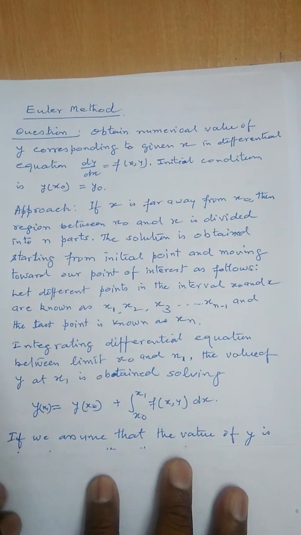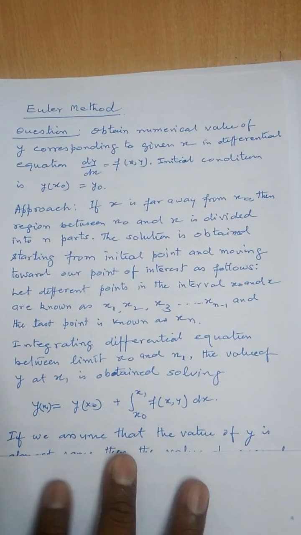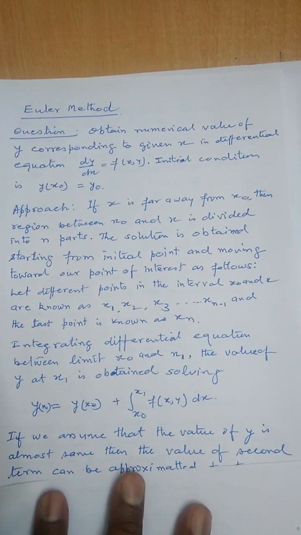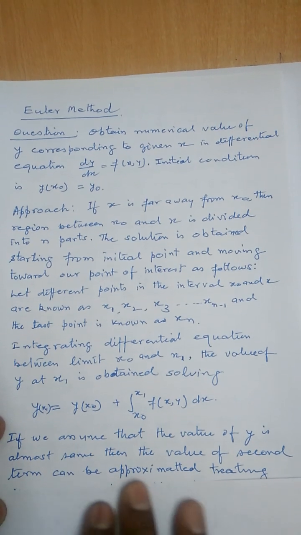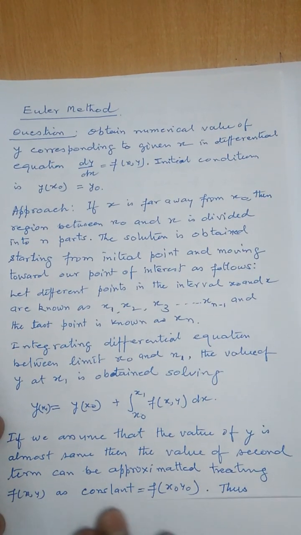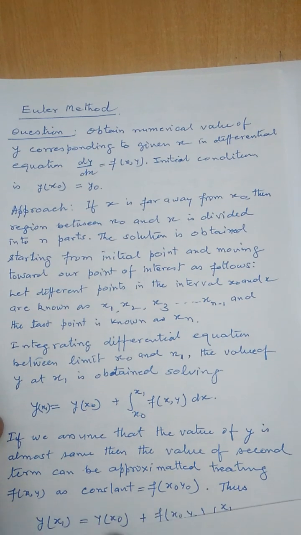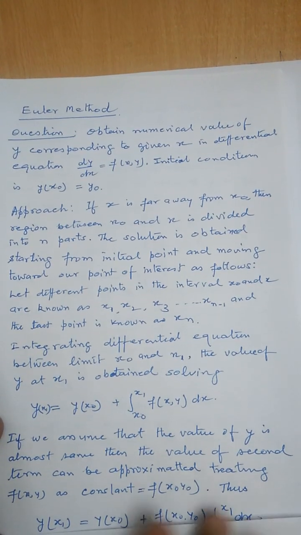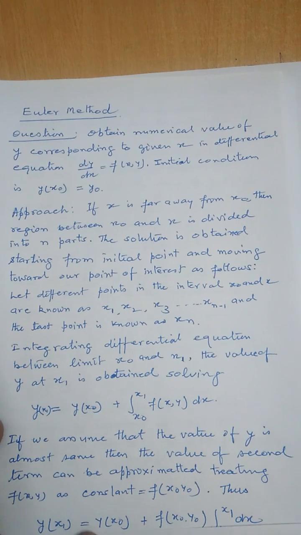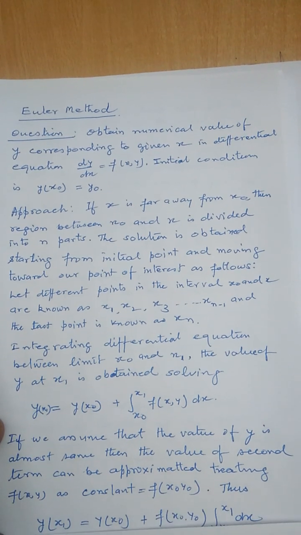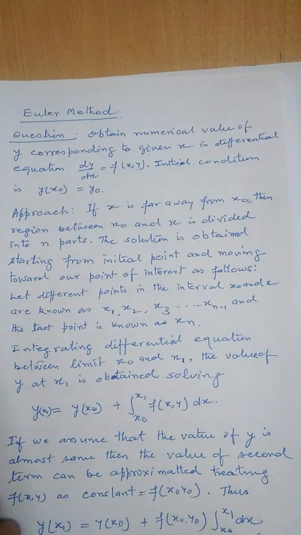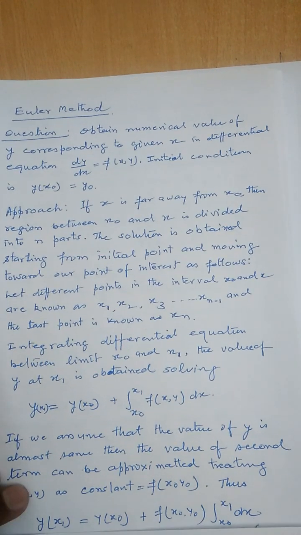If we assume that the value of y is almost the same over the interval, the second term can be approximated by treating f(x, y) as constant. Thus, we can write the above equation as y(x1) equals y(x0) plus f(x0, y0), which is taken outside because it is treated as constant, times the integration from x0 to x1 of 1 with respect to dx.